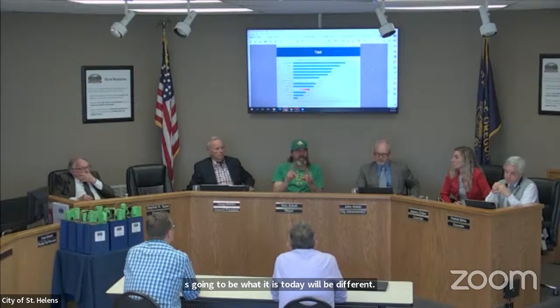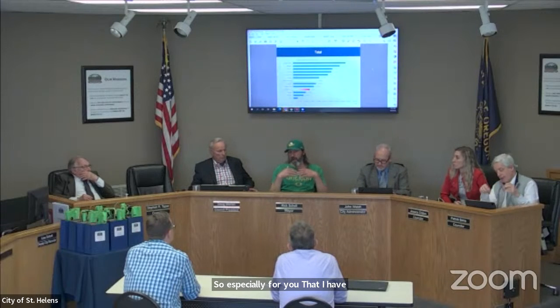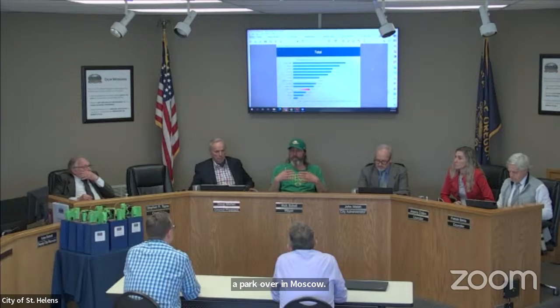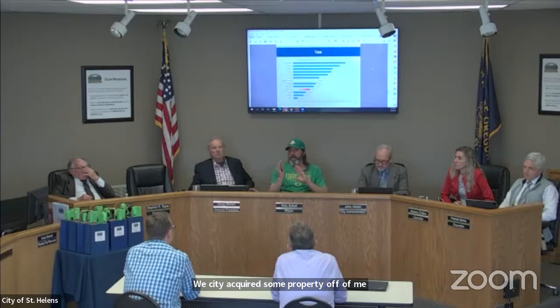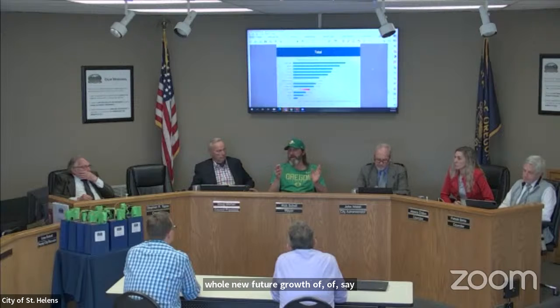So one last question for you that I have is, we plan on creating a park over on Ross Road. We, the city, acquired some property off of Maple, Furlock, to extend sewer and water up through there and serve a whole new future growth of St. Helens.